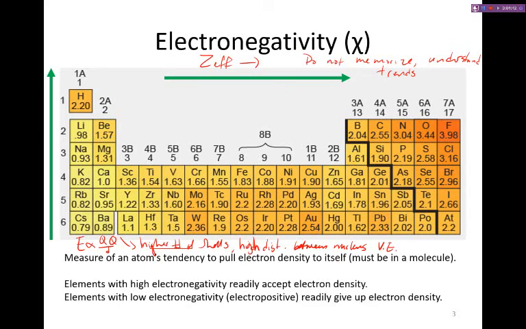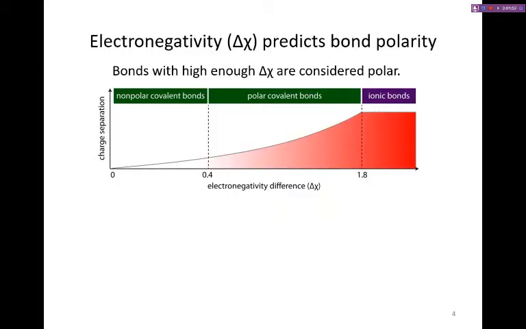So to summarize, we can say that elements with high electronegativity readily accept electron density, while elements with low electronegativity, which are called electropositive, readily give up their electron density. So electronegativity is a measure of how much an element pulls electrons towards it. But if we look at the differences in electronegativity, that's what helps us to predict bond polarity.